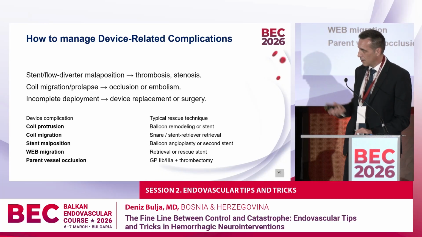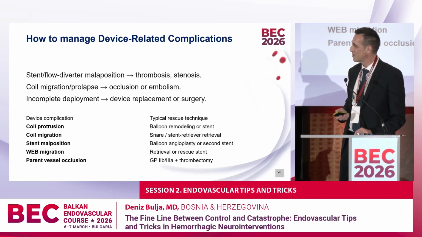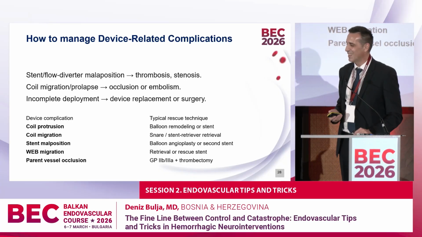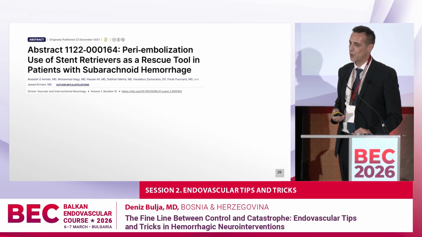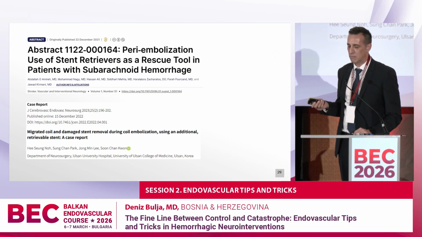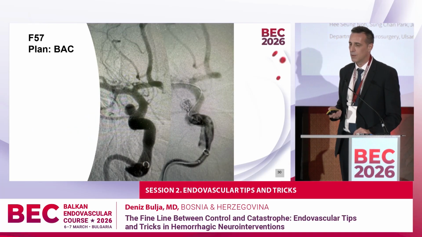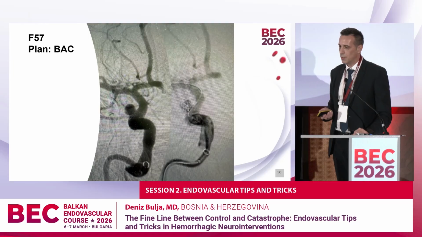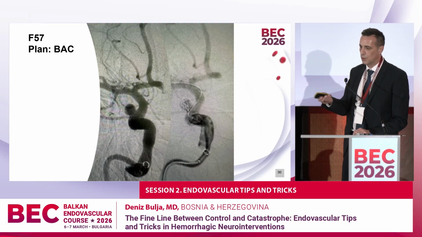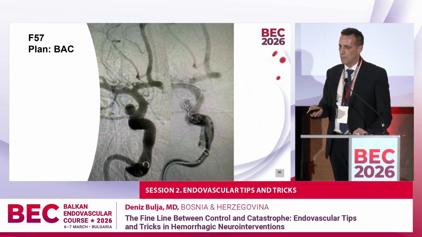There are many, and Menka, I think, showed almost all of them. You have some anecdotal cases throughout the literature about coil embolization. This happened almost 2 years ago. It was balloon-assisted coiling. It was simple.